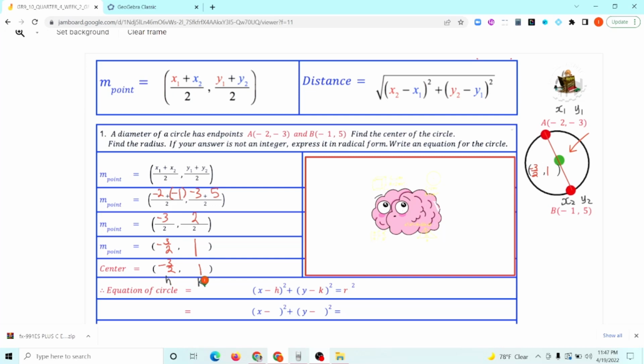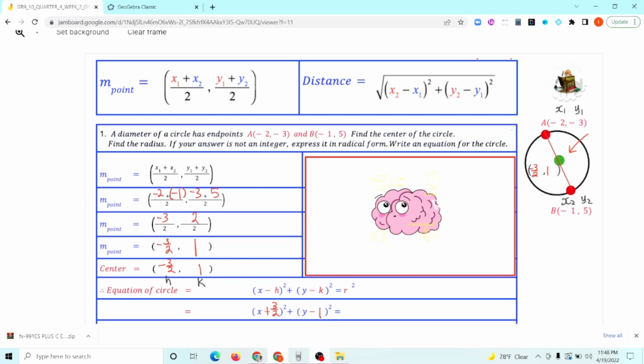When you do the substitution after you find the center, just take the additive inverse, in other words, the opposite. What's the opposite of negative? That will just be positive. So we'll have positive 3/2. And what's the opposite of positive 1 if we substitute it in? Well, that will just be negative. All right, so far so good.